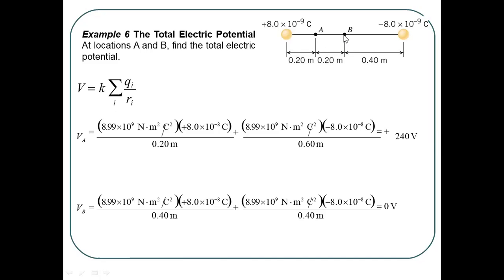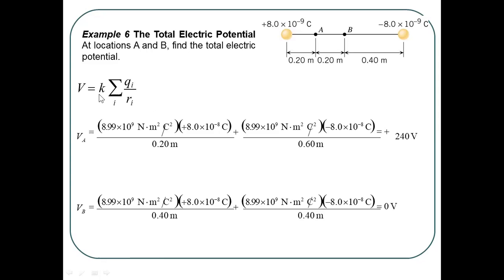The distance from point B to the other given charge, negative 8.0 times 10 raised to negative 9 coulombs, is 0.40 meters. How are we going to solve now for the potentials at A and B?